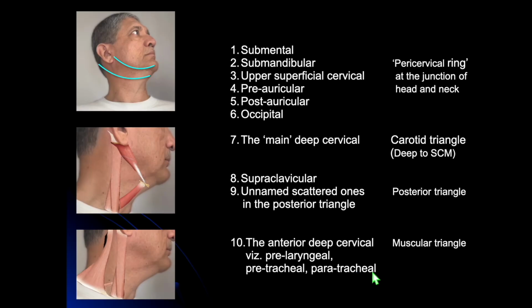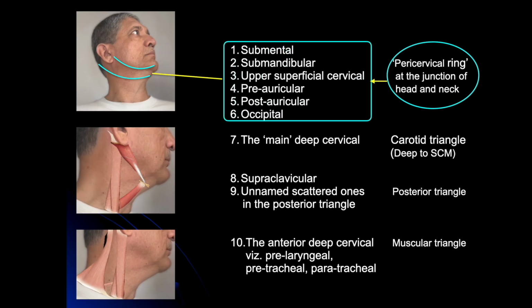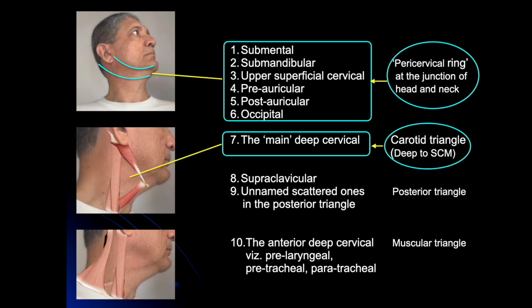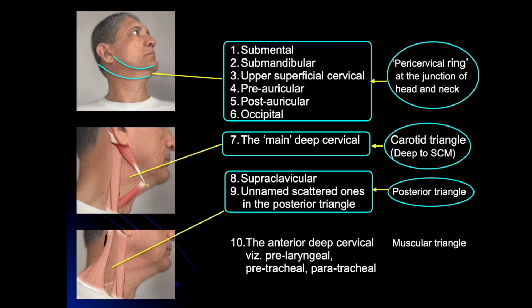It's not difficult. See, most commonly you have to palpate 9 groups in 3 areas: the transverse pericervical collar, carotid triangle, and the posterior triangle. That's it.